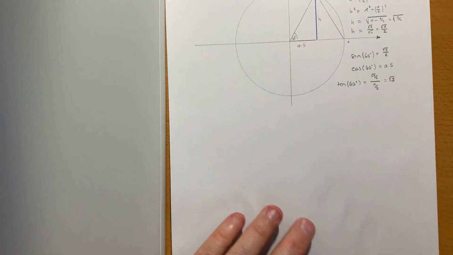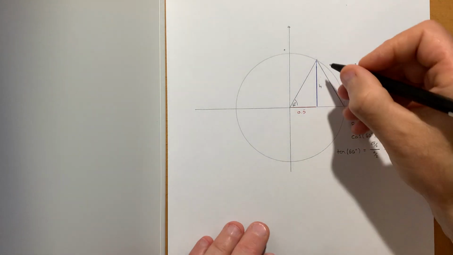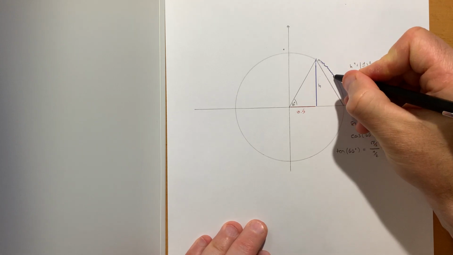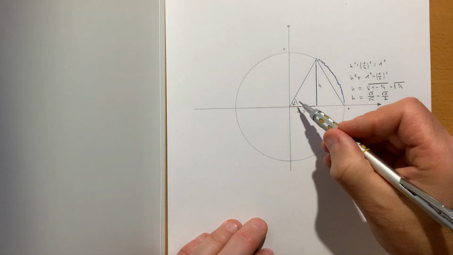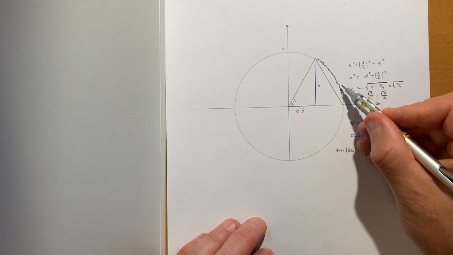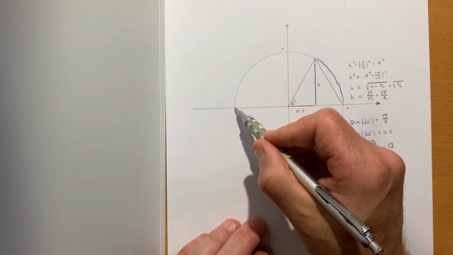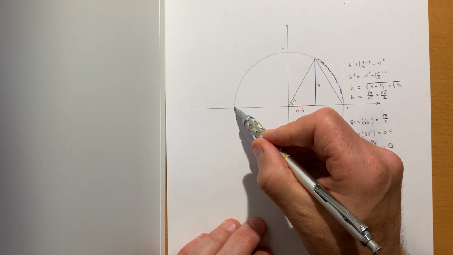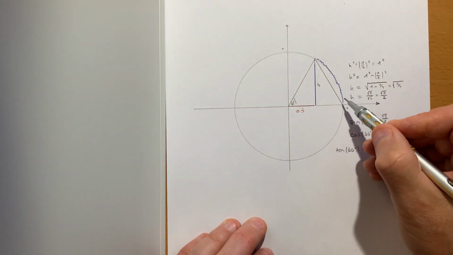Now, where can we see the radian measure here? Well, the radian measure is obviously this here. For a 60-degree angle, this will be pi thirds. Because look, 180 degrees corresponds to pi, because the circumference corresponds to 2 pi, one full rotation.